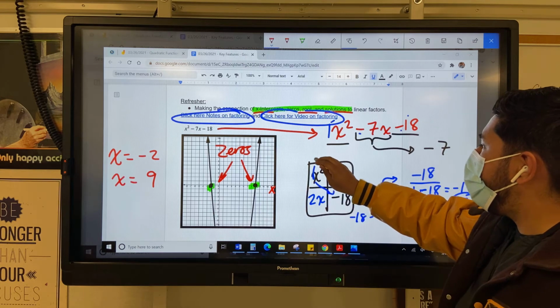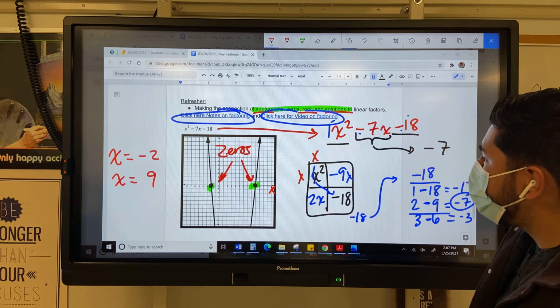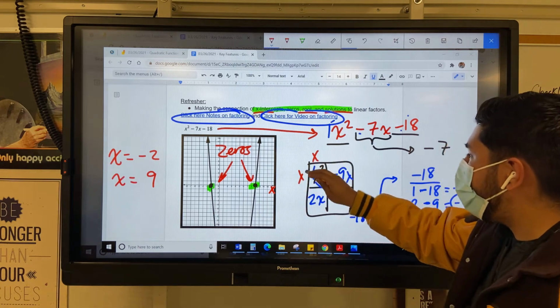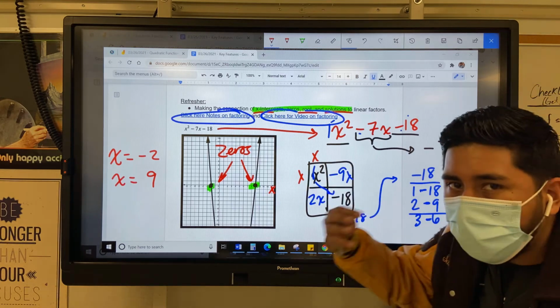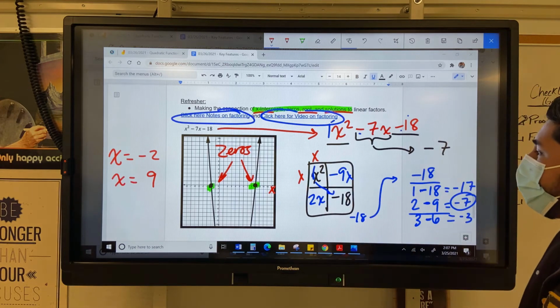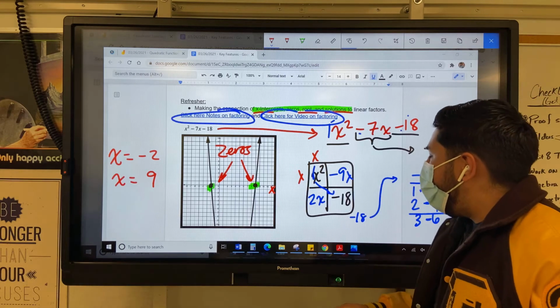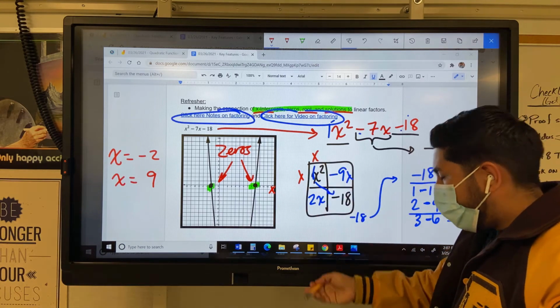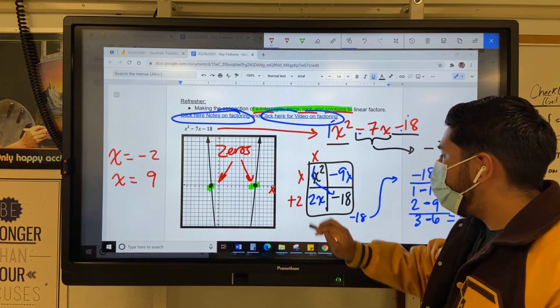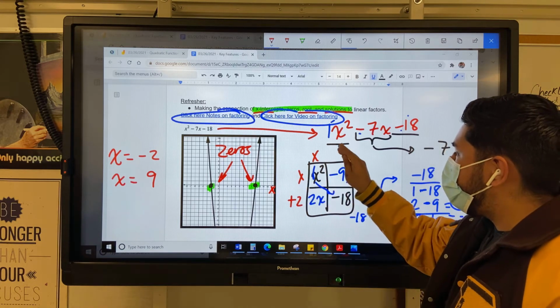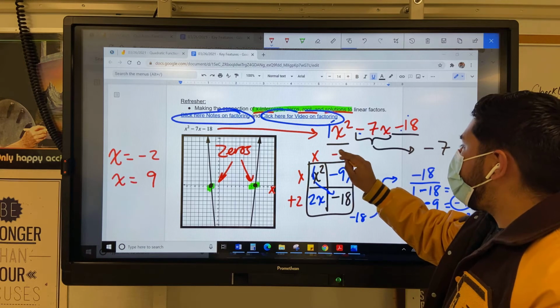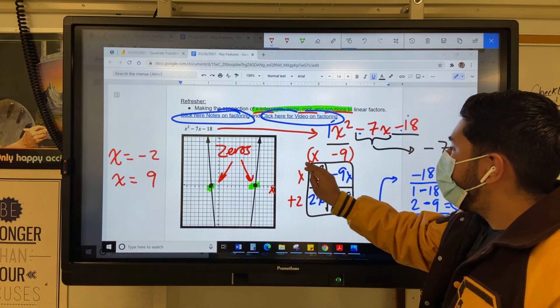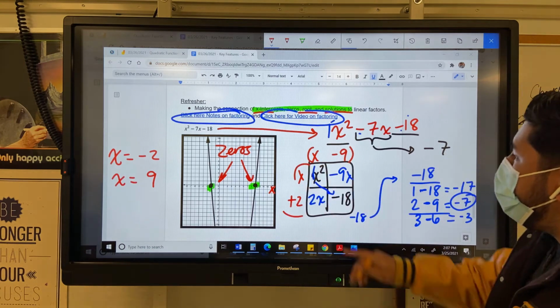1x squared, so we got x and x, because 1 times 1 is 1, x times x is x squared. We're remembering this, okay? And then we check it out. What number times x gives me 2x? 2. Positive. What number times x gives me negative 9? Negative 9. Boom, boom. Copy this answer down.